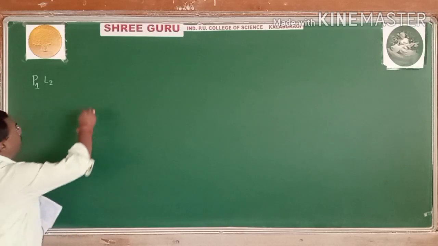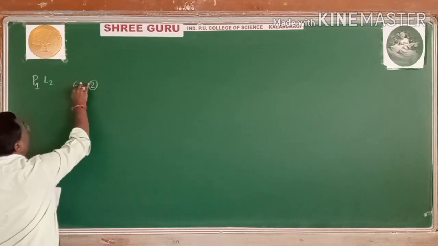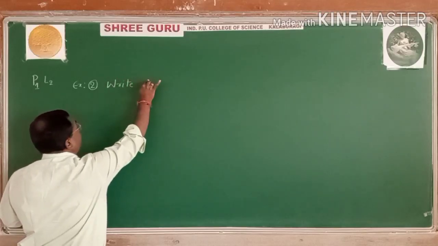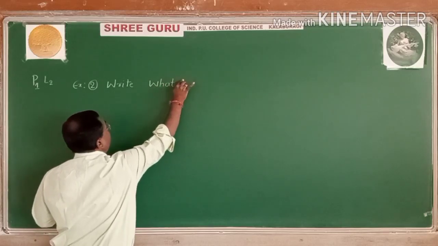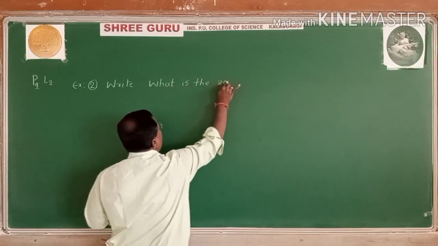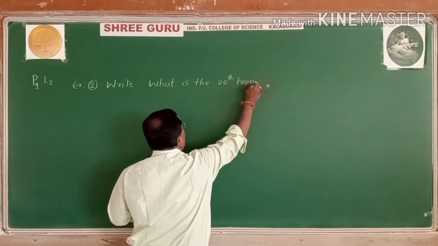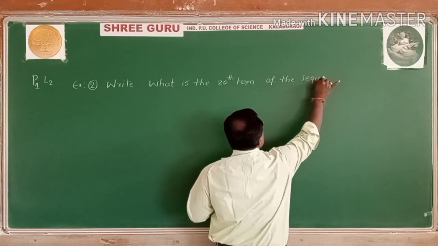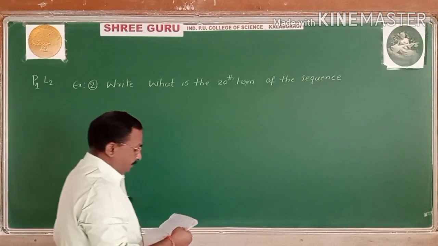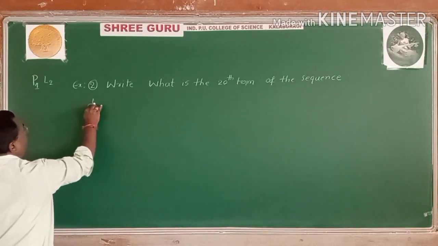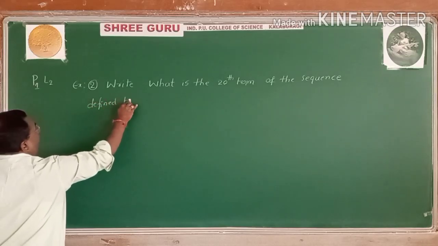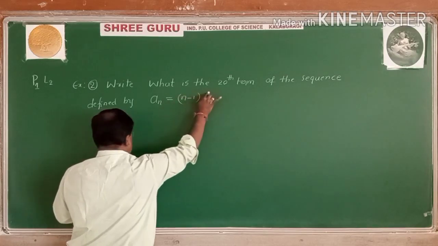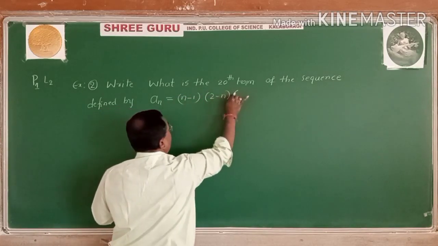Example number 2. What is the 20th term of the sequence defined by an is equal to (n minus 1)(2 minus n)(3 plus n)?